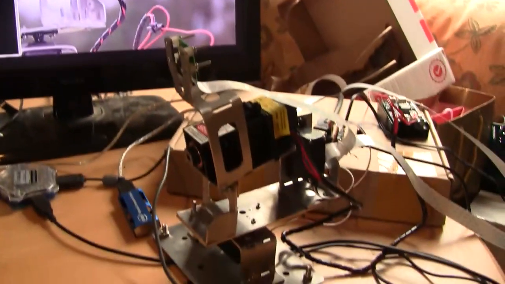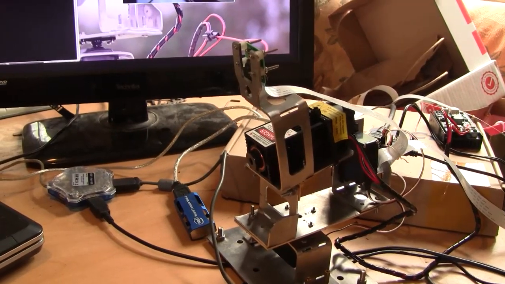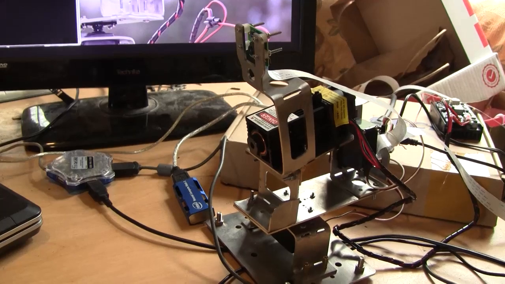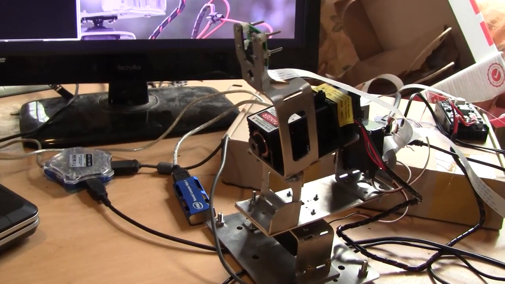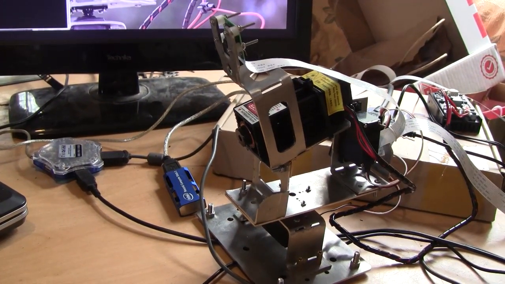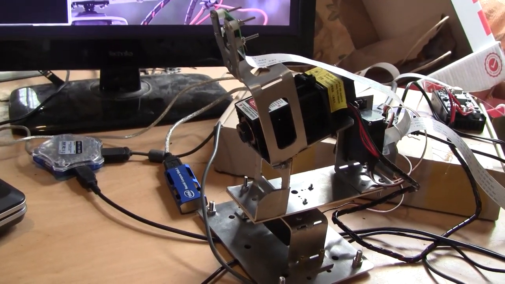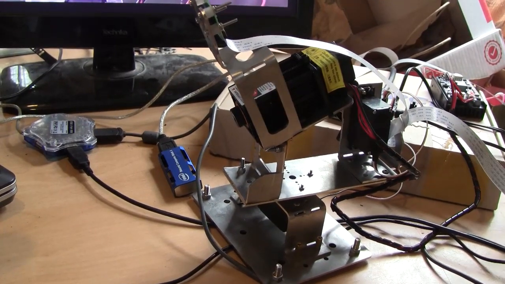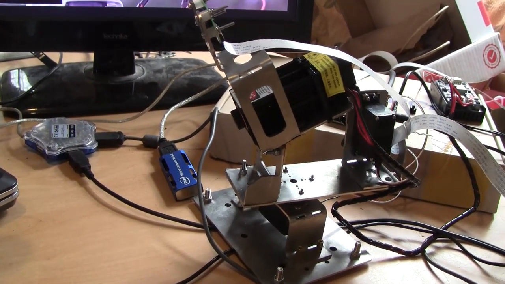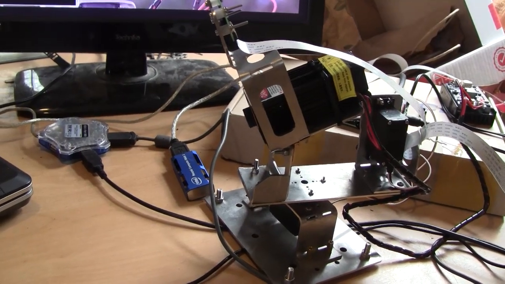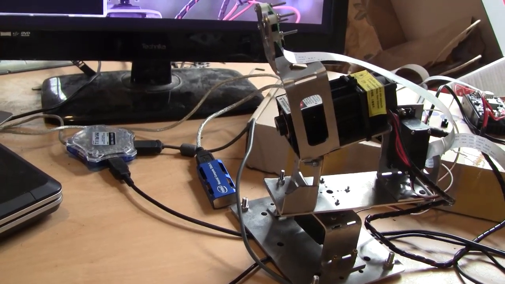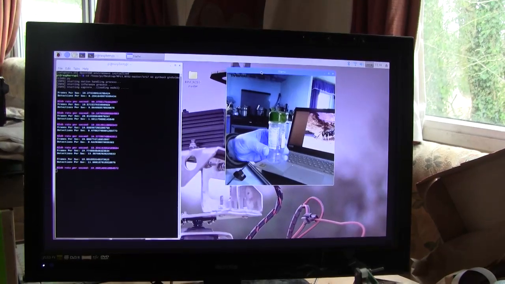So let's look at the gimbal moving around, following it. It's not moving too quickly. Don't want it to move too quickly. For one thing, it'll just tear itself apart. And there it goes. All around. So what it's trying to do is it's always trying to centre the bottle into the middle of the screen.